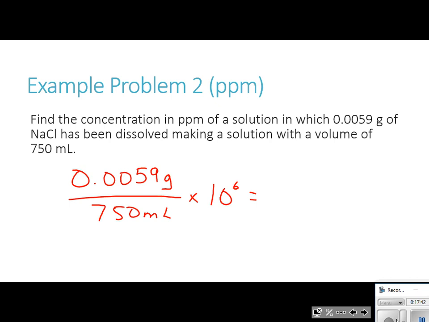So when I do that, divide 0.0059 by 750, and then multiply that value by 10 to the 6, and I get, how many sig figs? 1, 2, 1, 2, 7.9, and my label is going to be ppm. 7.9 parts per million.